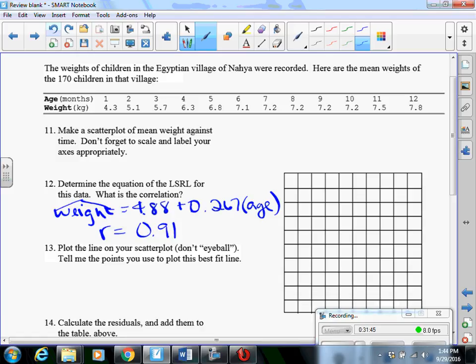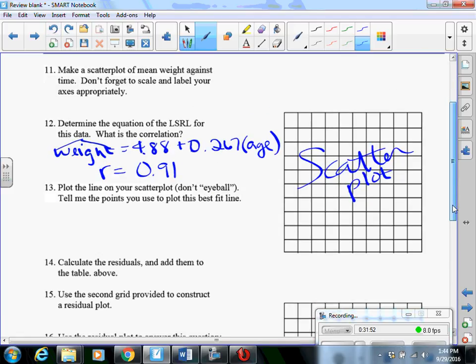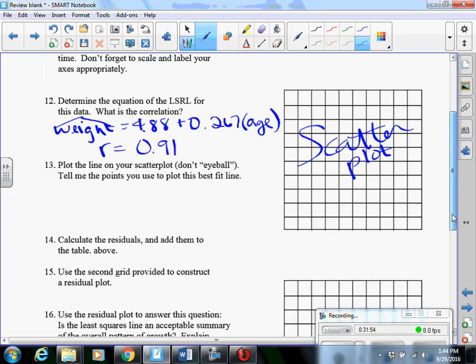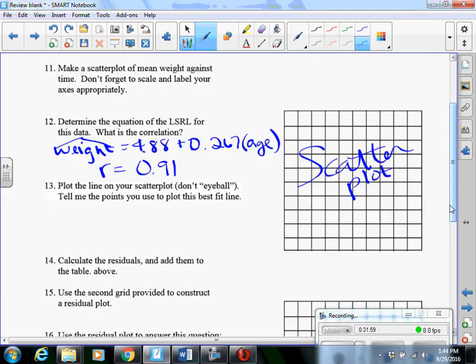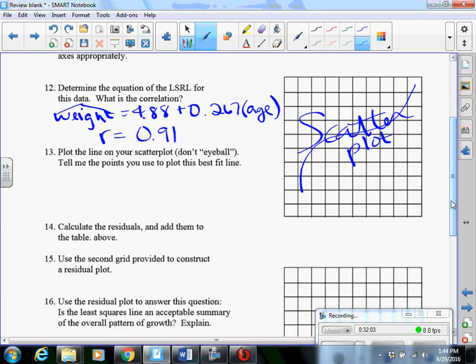And over here, this is my scatter plot that we did in the calculator. I will tell you on the test, you're going to have to draw one, but I'm not going to redo it right here. But we know that it kind of did this kind of thing in there. Okay, so then it says plot the line on your scatter plot. Don't eyeball it, actually draw it.